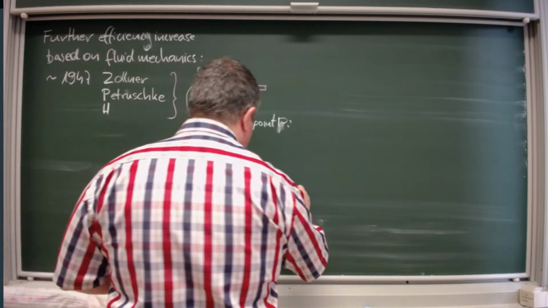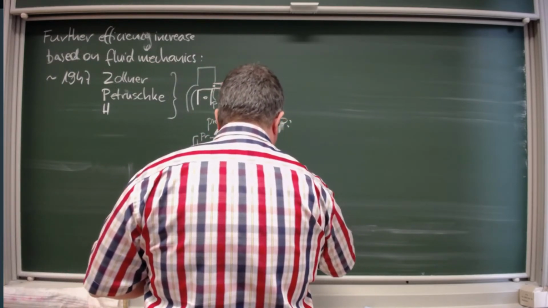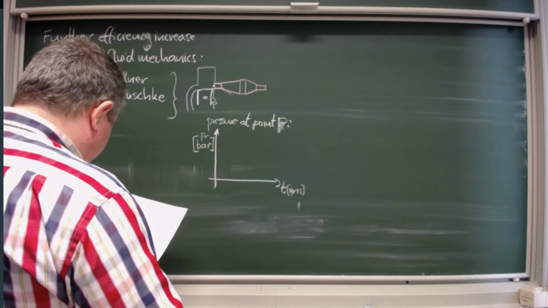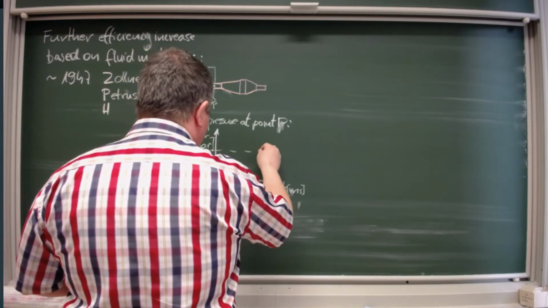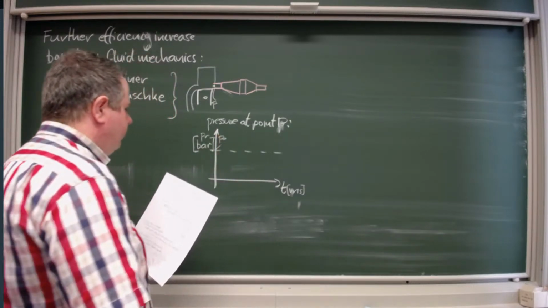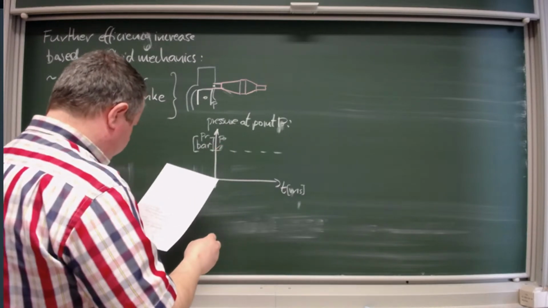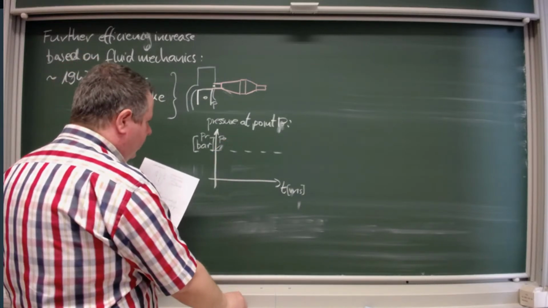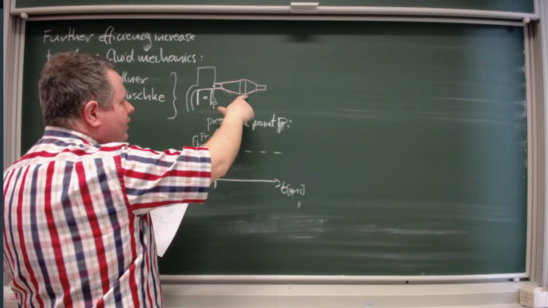T is the time in milliseconds. We are talking about short time here. And the pressure can be the following. You get here the atmospheric pressure P0, and how the pressure changes if you get this layout of exhaust system.